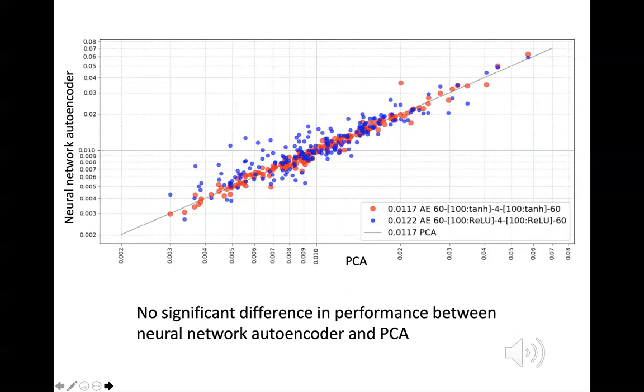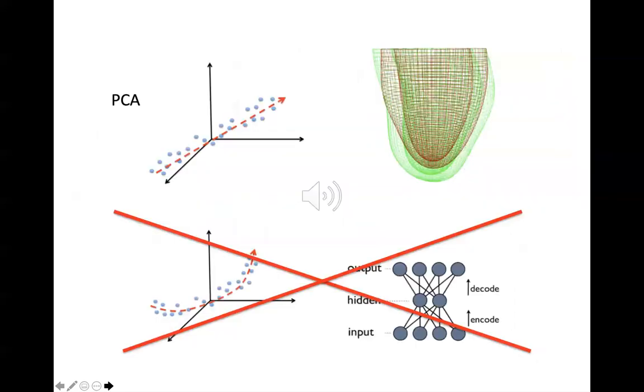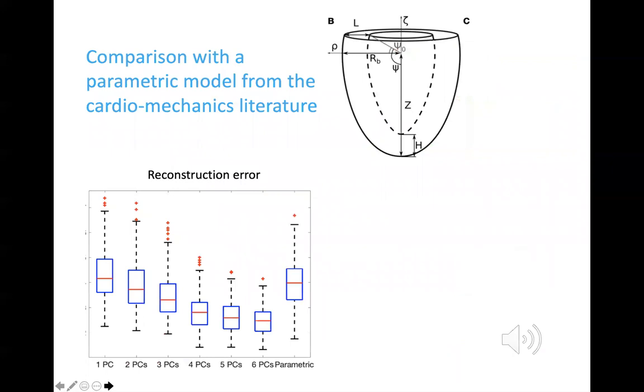And as you see, there's no significant difference in performance between the neural network autoencoder and PCA. And so we use PCA because it is computationally much cheaper than training a neural network autoencoder. We also included a comparison with a parametric model from the cardiomechanics literature, which was easily outperformed by PCA.